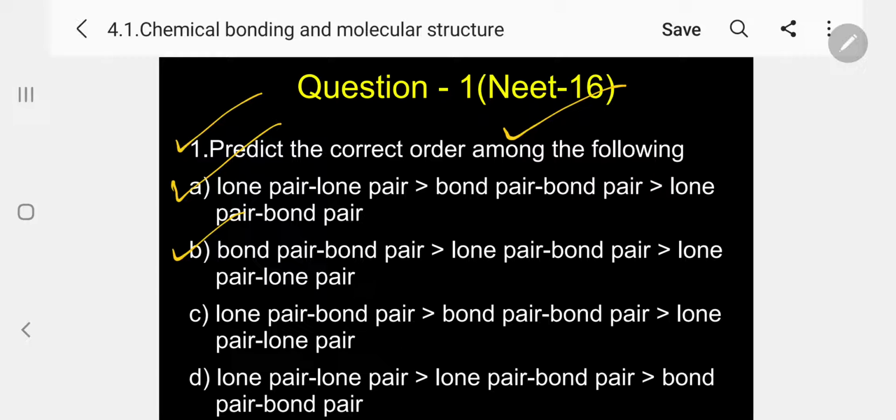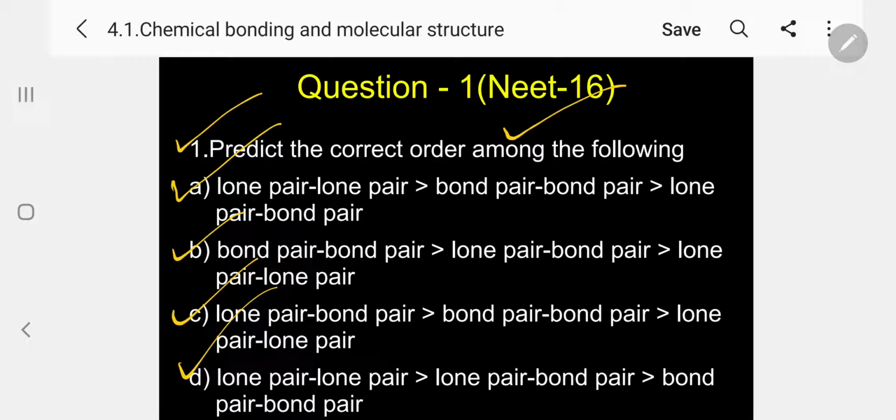Actually, they have to introduce a word that is missing: repulsion. It should be there, but it is missing. B. Bond pair repulsion greater than lone pair repulsion greater than lone pair bond pair repulsion. C. Lone pair greater than lone pair greater than lone pair. And the fourth option, lone pair greater than lone pair greater than bond pair.